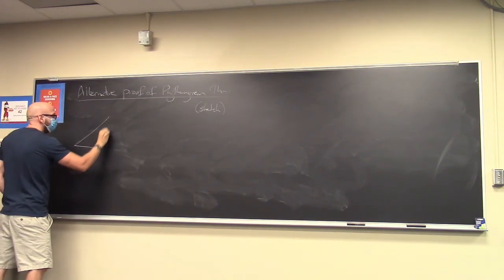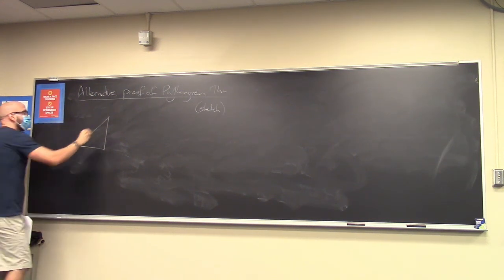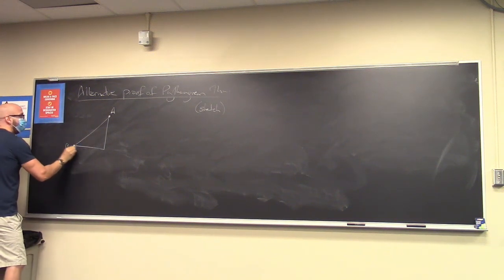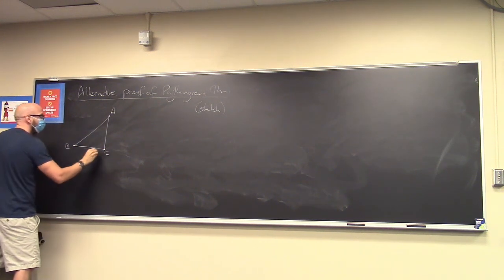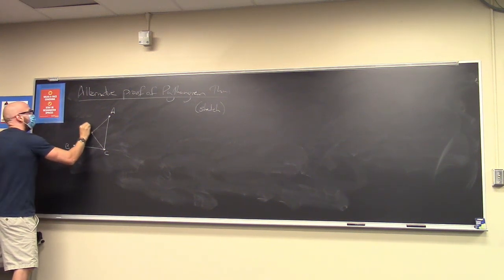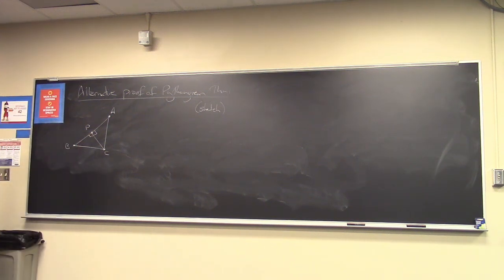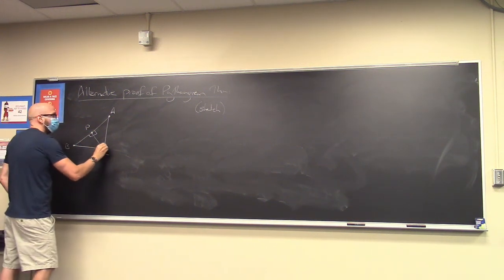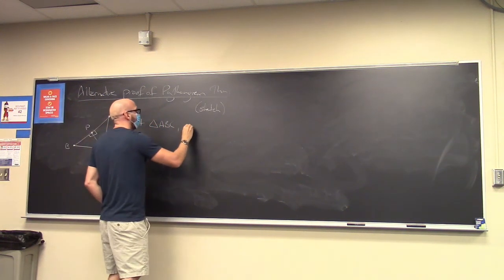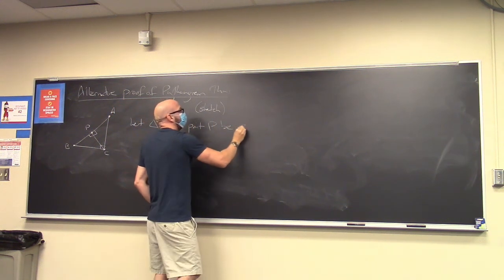But what we'll do is we'll take a right triangle and label everything as we had before: A, B, C, and P. So let triangle ABC and point P be as above.